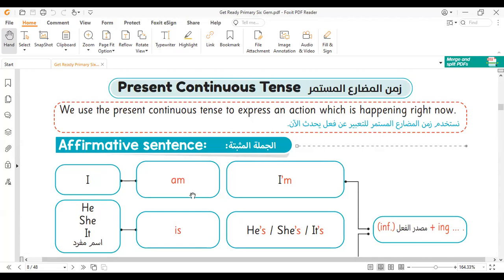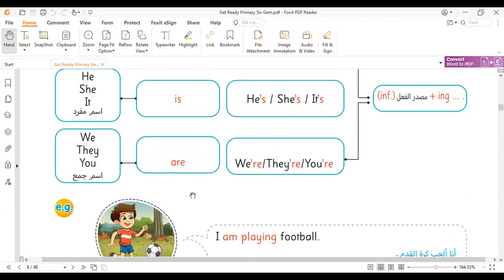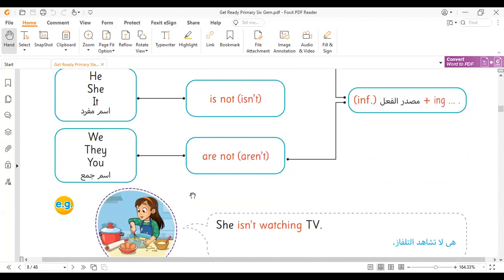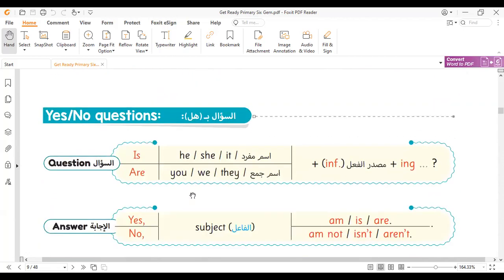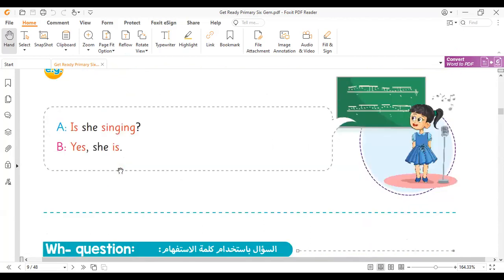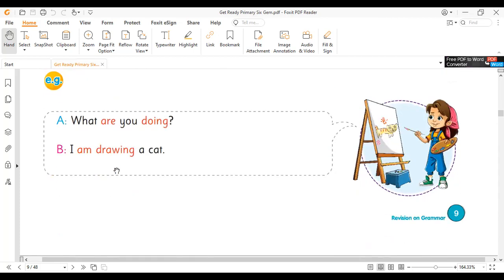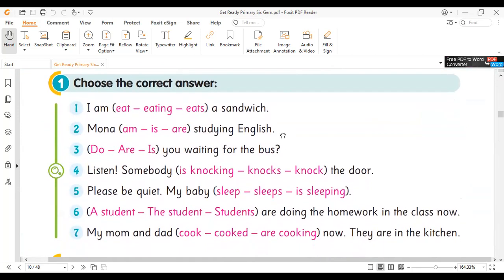Here is the explanation as we already explained it. This is the negative form. The next, the question with yes, no question, and WH question. Let's practice these questions.